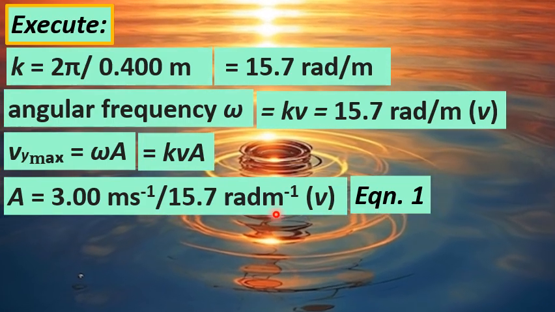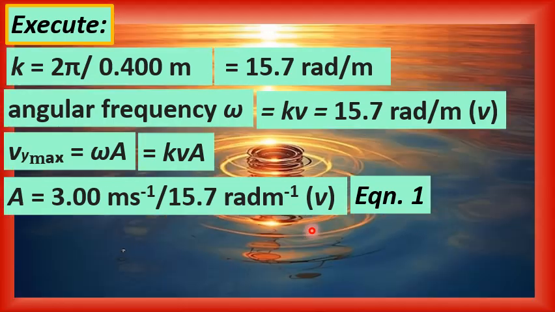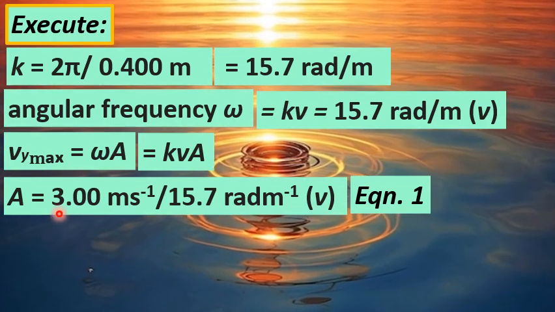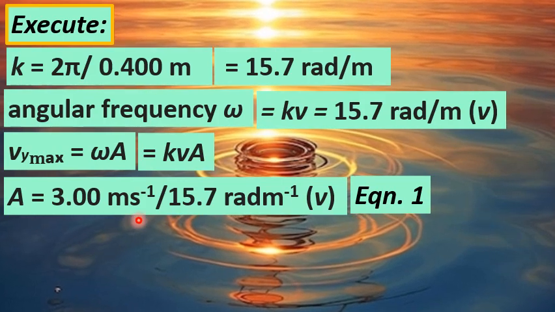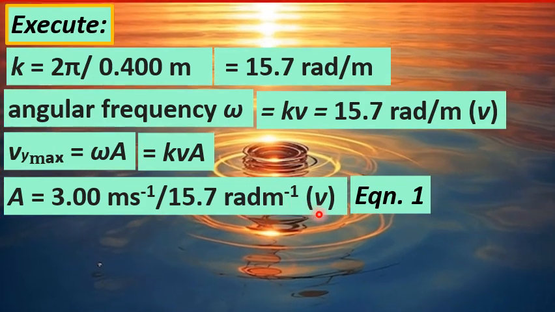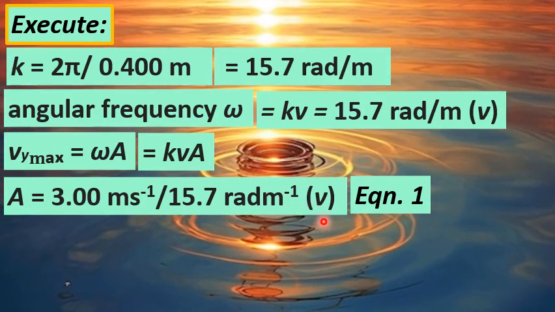So equation 1 contains two unknown variables, the amplitude capital A and the wave speed of propagation small letter v.